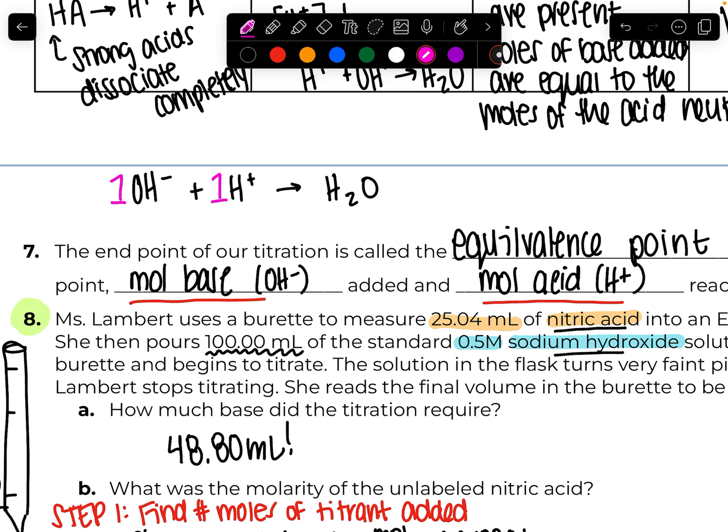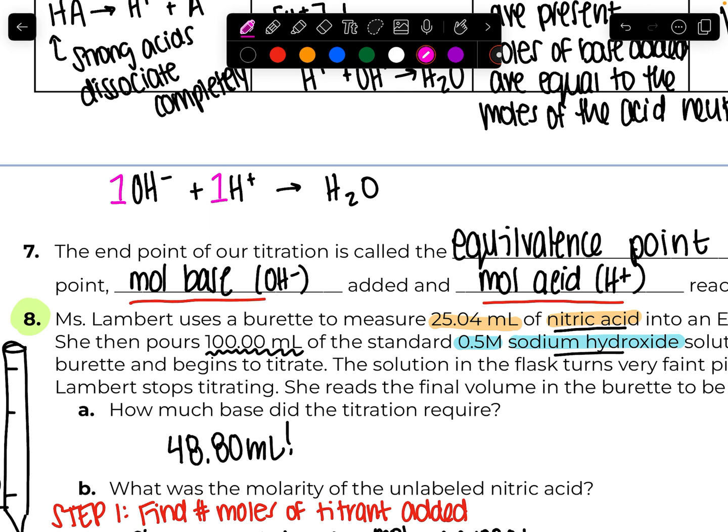The reason why I bring this up is because nitric acid is what's called a monoprotic acid. Prefix mono meaning 1, protic meaning proton. So monoprotic acids have only 1 hydrogen, which means their net ionic equation is going to result in a 1-to-1 mole ratio, which is great. But you can have other acids like sulfuric acid that are diprotic acids.